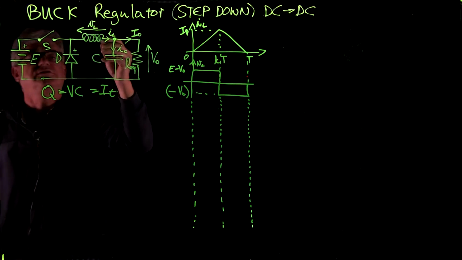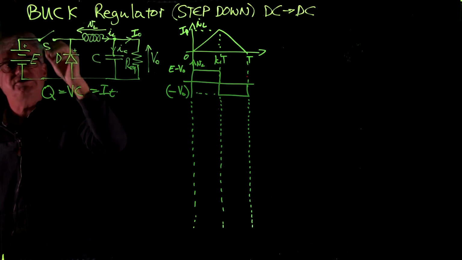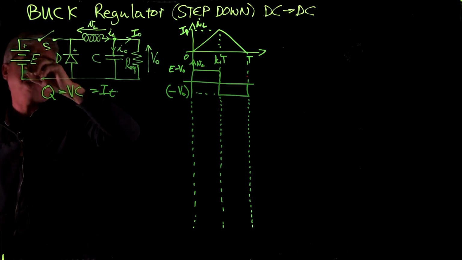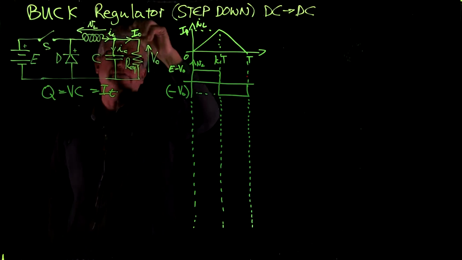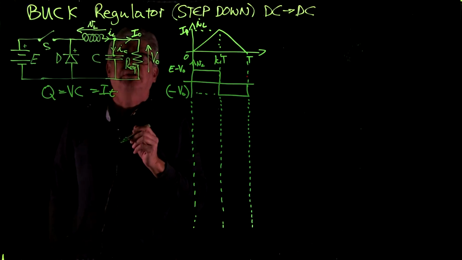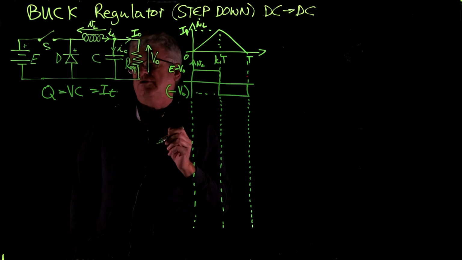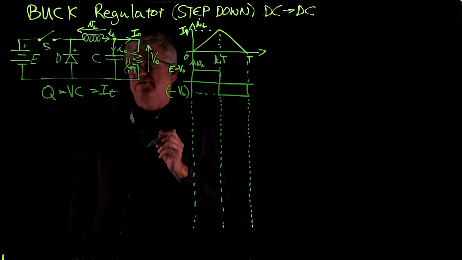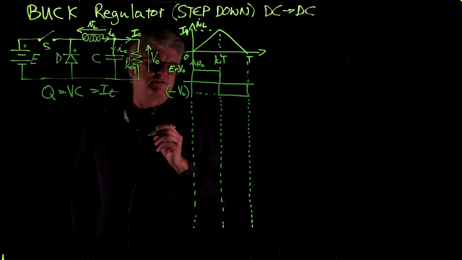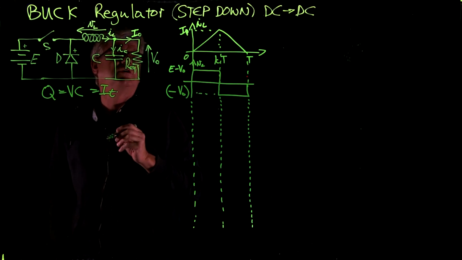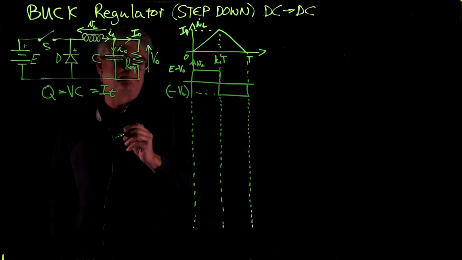Furthermore, we can also say that the average current flowing out of the battery or the supply here is equal to the average current flowing into the load. We are looking at ideal conditions here. We haven't taken any losses into consideration in order for us to understand the operation of this buck regulator.